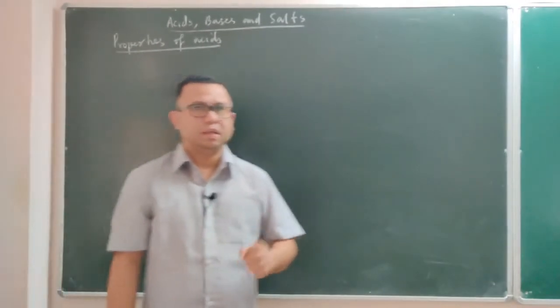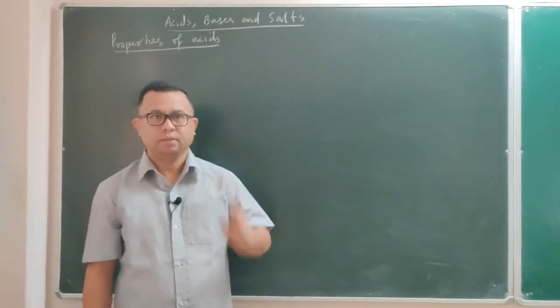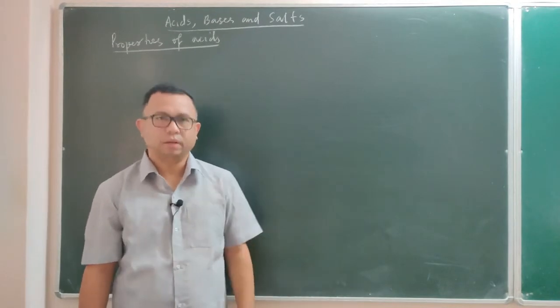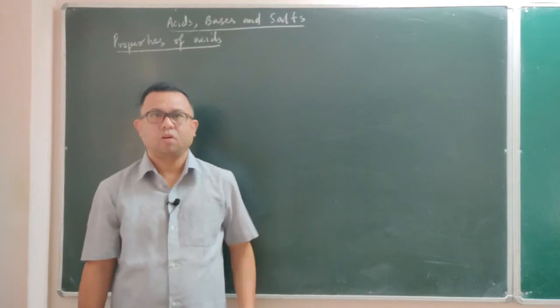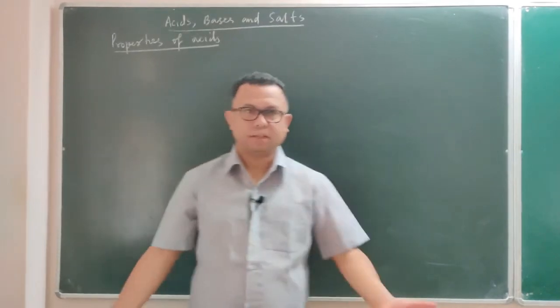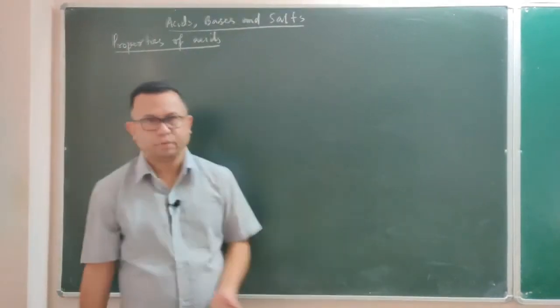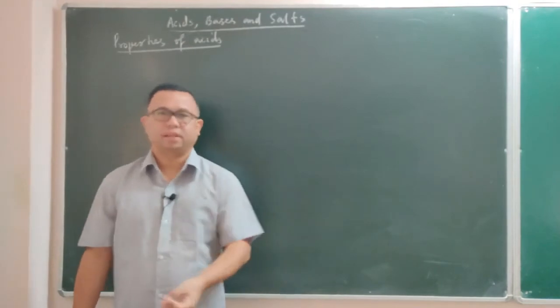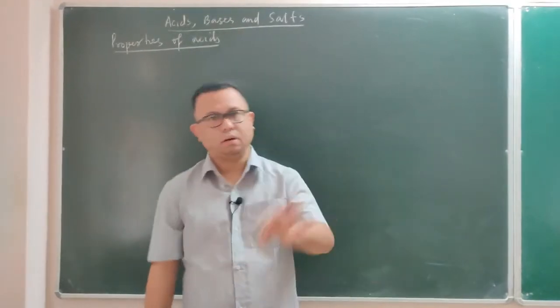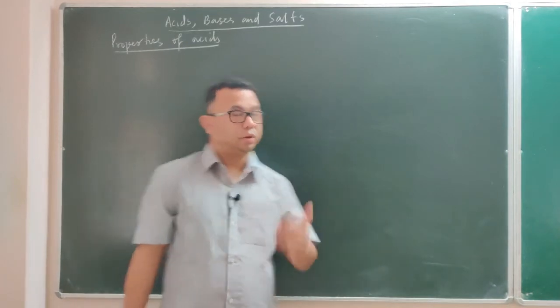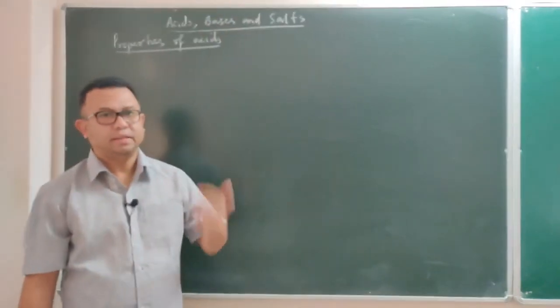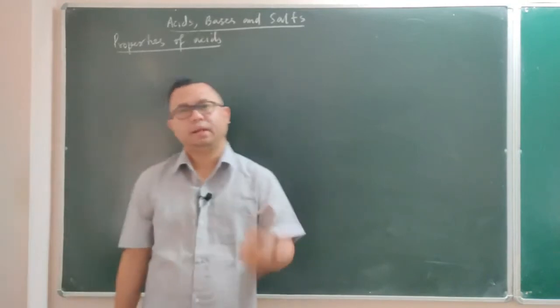The first thing I should tell you is that acids are either solid, as I told you in the previous class also. For example, boric acid is solid, oxalic acid is solid. So acid can be solid also; it does not mean that acids are only liquid, though most of the acids are liquid. So either solid or liquid, no gases; we do not have any acid in the gaseous form. So in terms of physical property, acids are either solid or liquid.